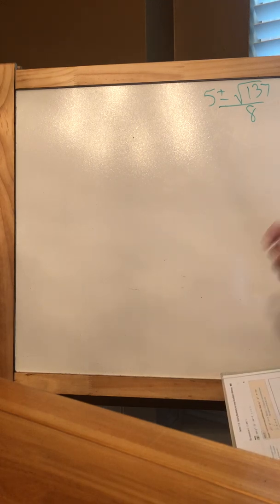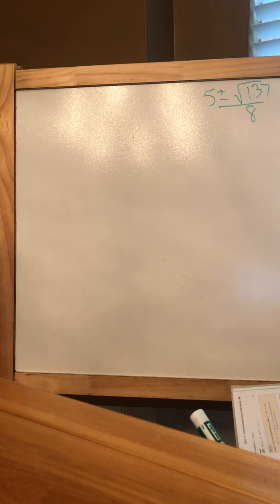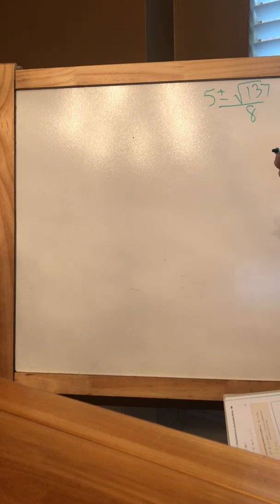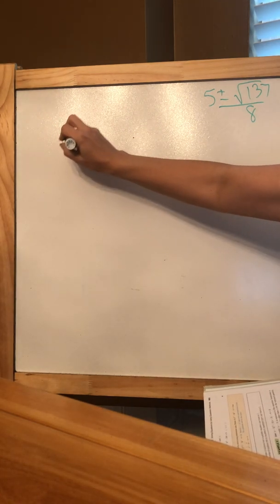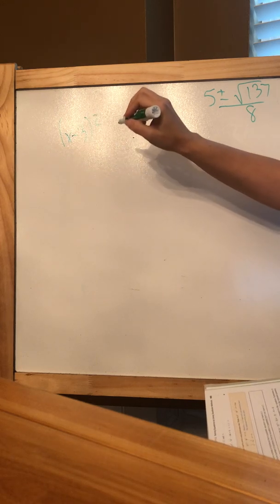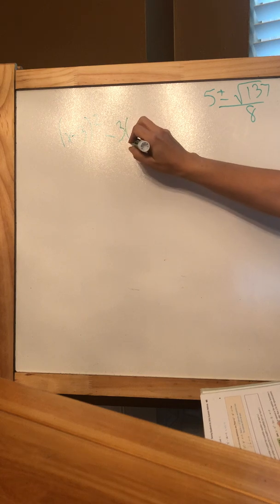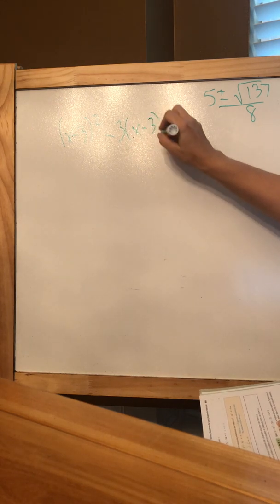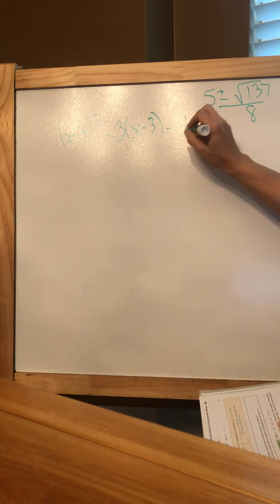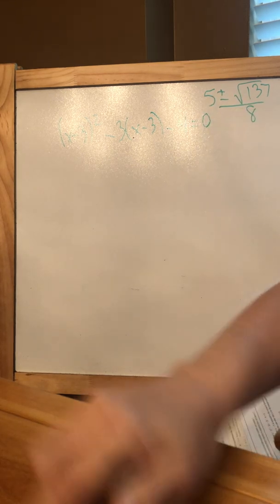So going on, this is example 4, now we're on page 683. And this says solve x minus 3 squared minus 3 times x minus 3 minus 4 equals 0. Okay.